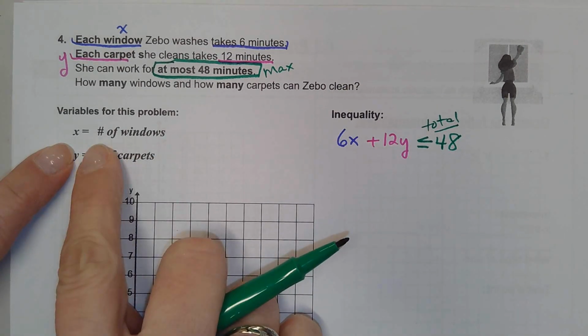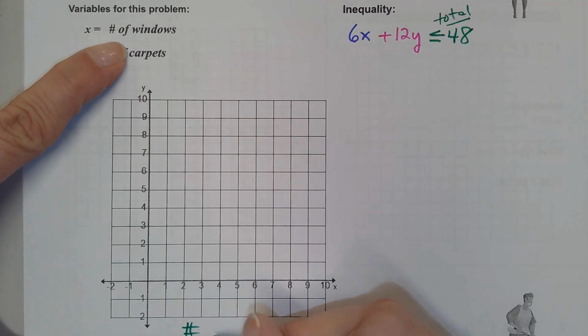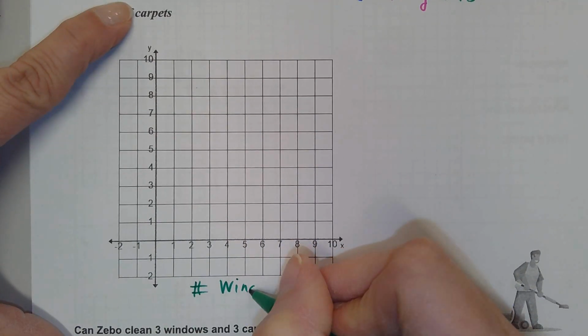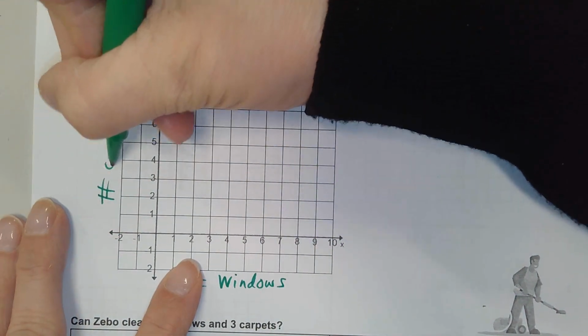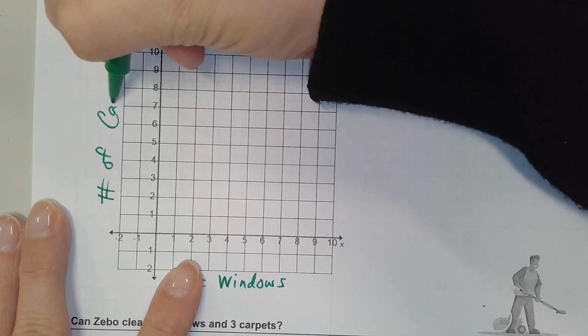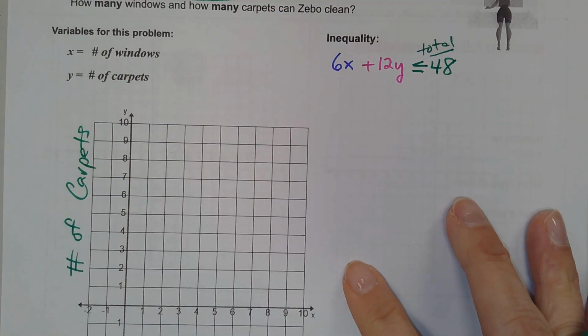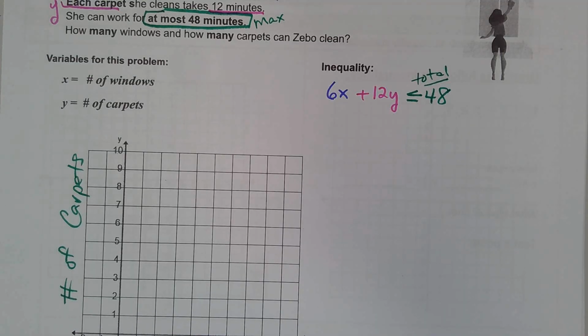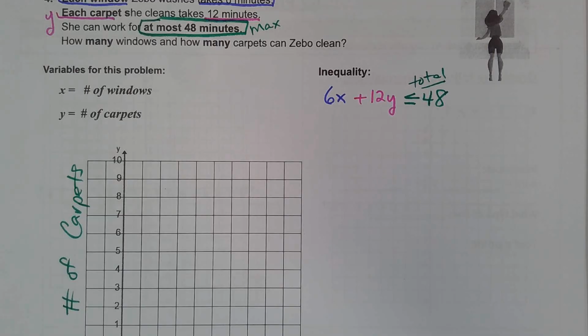As soon as you have your variables, let's go ahead and write those down. X is the number of windows, and Y is the number of carpets. Okay. To get this graphed, there's a couple of steps. The first thing is the key features, the X and Y intercept.